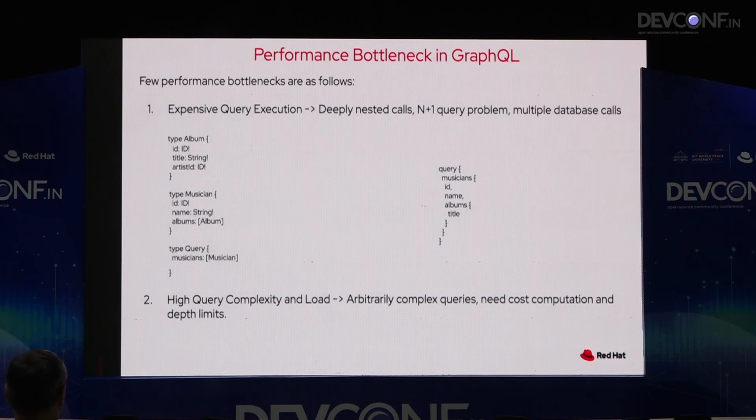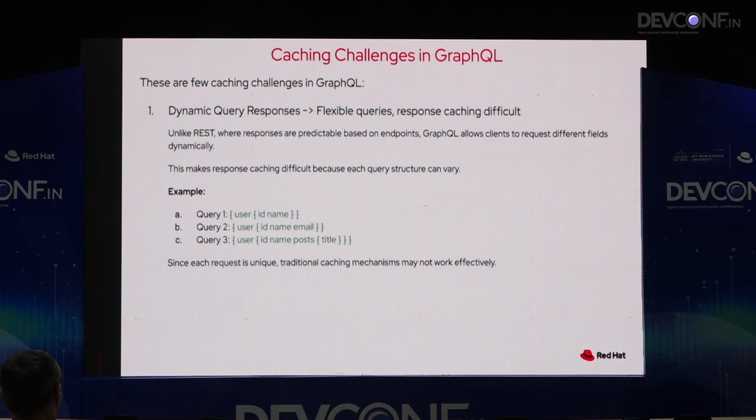So instead of resolving this album field for a particular musician, you can just cache the set of albums for that particular musician. Whenever this query for the particular musician comes, your GraphQL API won't call the backend data source for those albums. Rather, it will use the cache to give you that result.